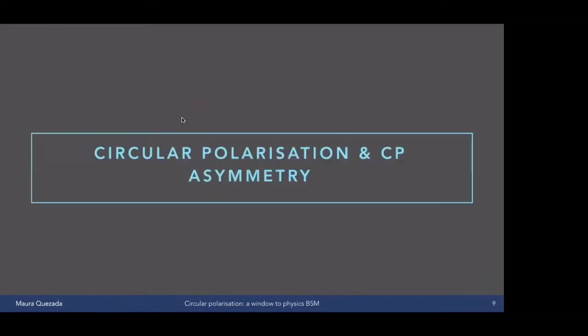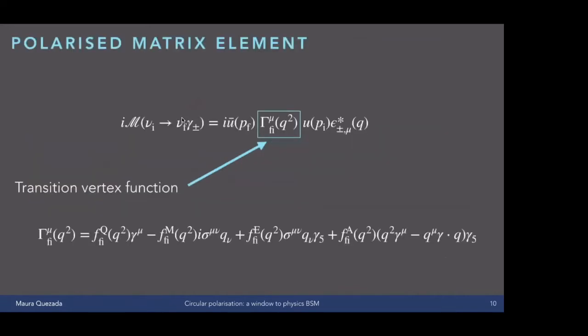So in the next one, as I said before, I would like to explain a little bit how these two things are correlated. I'm going to start with the polarized matrix element for the neutrino decay, where these are just the wave functions for the final state and initial state and the photon polarization function. And this is the transition vertex function, which is parameterized with the electric charge, magnetic dipole, electric dipole, and the anapole.